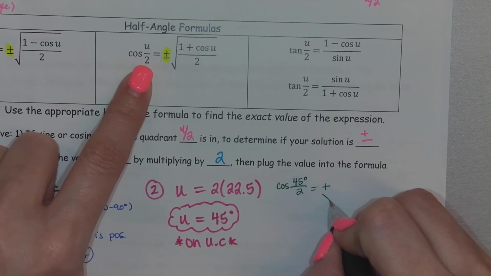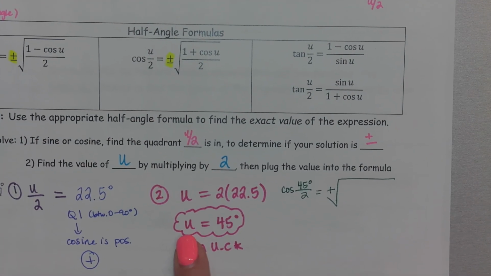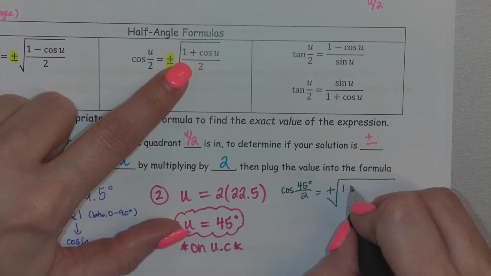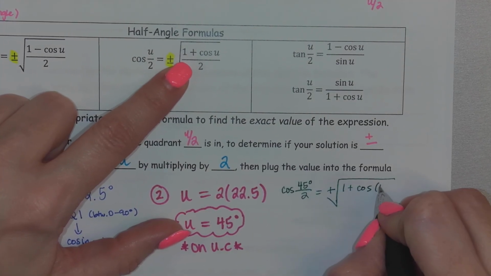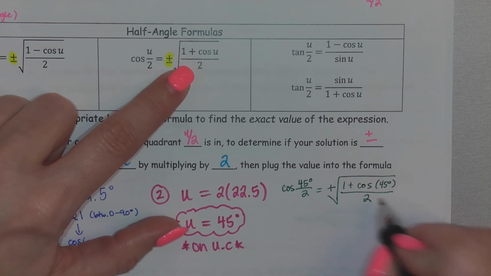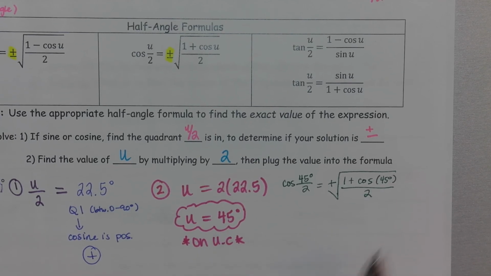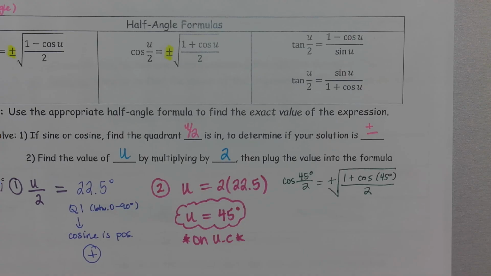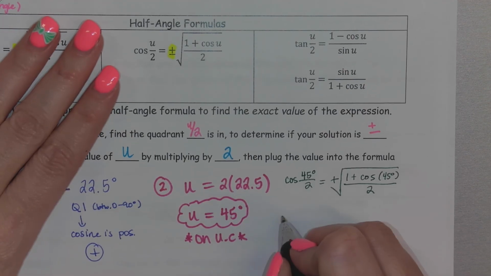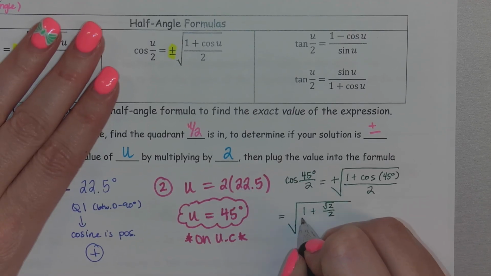So we already said it's positive, so we're just going to use the positive. And then this is the cosine of u, so you plug in 45 for the u. It's a little bit different than what we were doing before. Once you have the u, you're going to plug that in. And then the cosine of 45 degrees, don't we know what that is? Yeah. So it's 1 plus root 2 over 2, divided by 2.